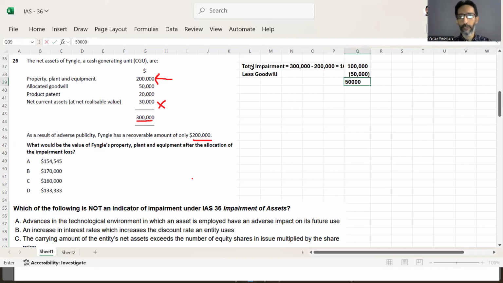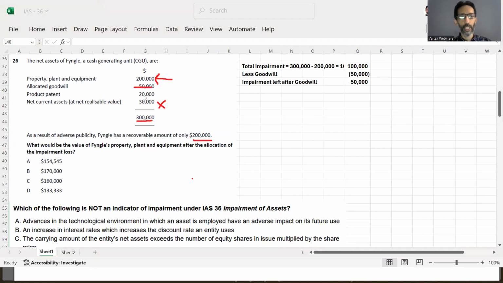So 50,000 of the impairment is left after goodwill. Now this 50,000 has to be shared between property, plant, and equipment and product patent. You see, the goodwill is consumed. This is not available anymore.